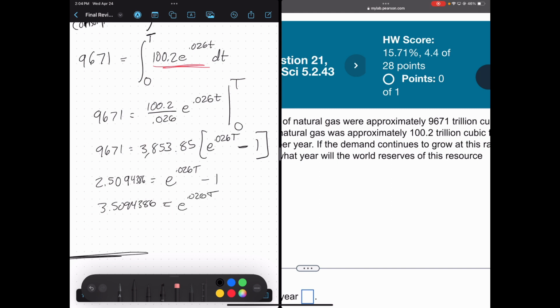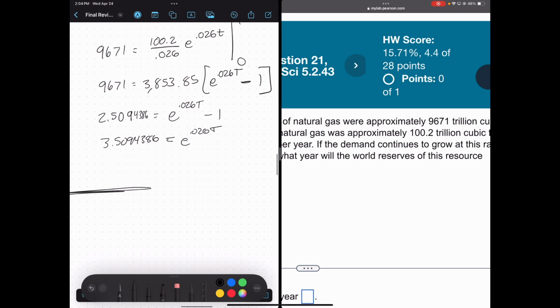What do I do next? Take the natural log. It's been a while since we've done this kind of stuff, right? Solving for a variable that's in an exponent. I have to take the natural log of both sides. And I'm left with capital T equals natural log of 3.509438 divided by 0.026.